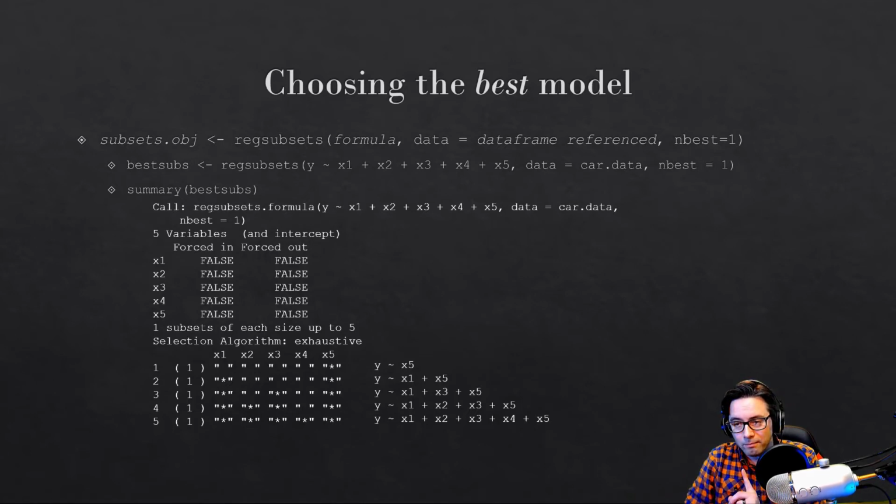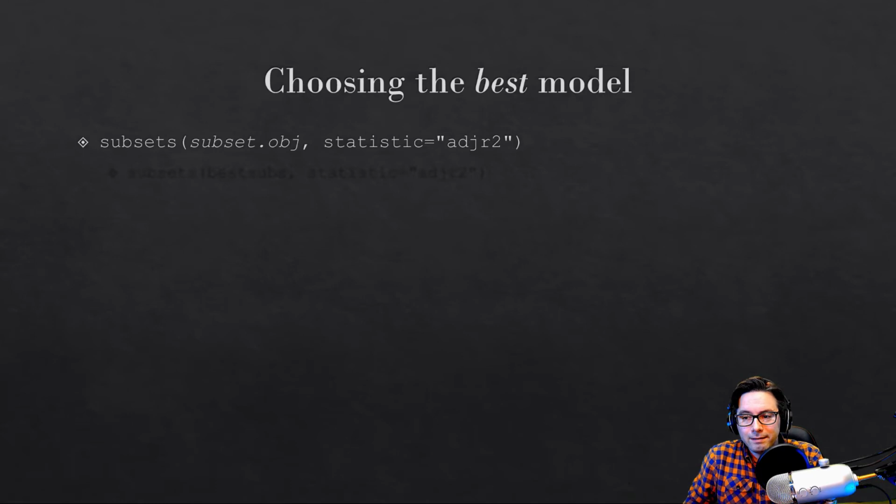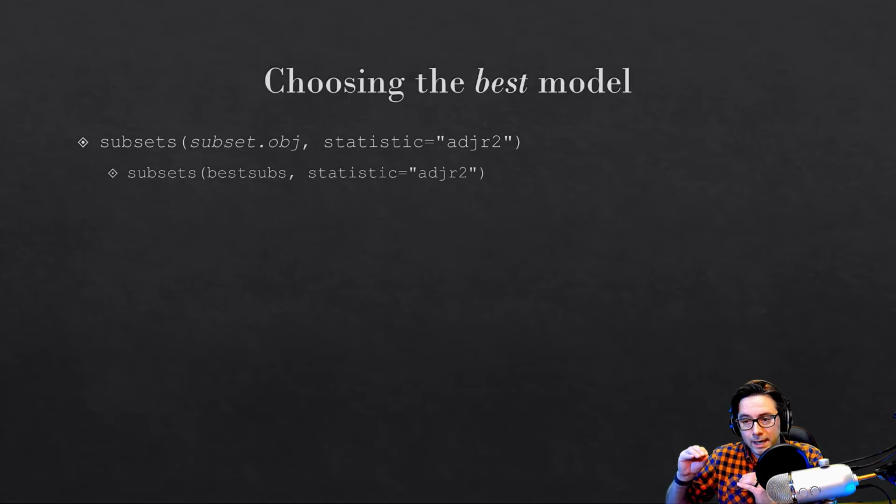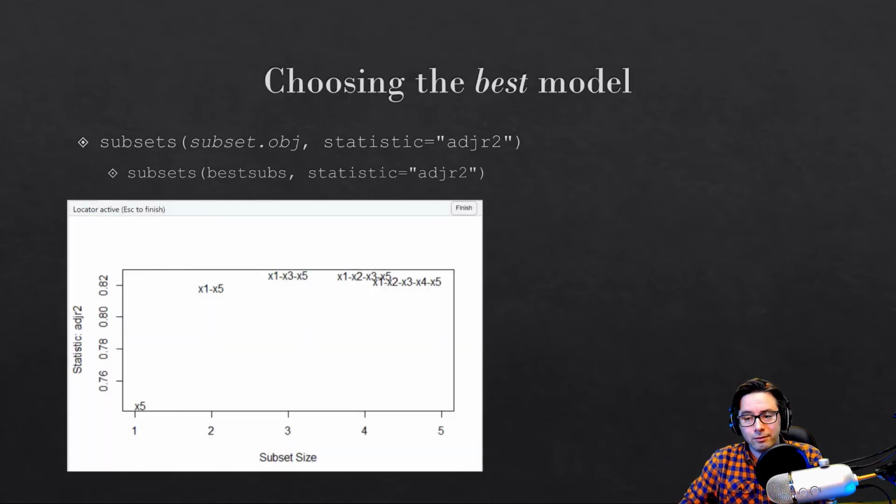And so that's important. So now, so what? Now we use that subset object to get an idea for which ones we like, and we use this subsets function. This would be the code that we use to get it. When we run it, in the plot area we get this right here. It graphs out the different models. Notice the X5, that's our model 1. Model 2 is, well, here you can see, this is model 1, 2, 3, 4, and 5.